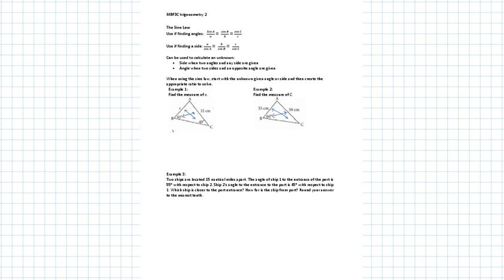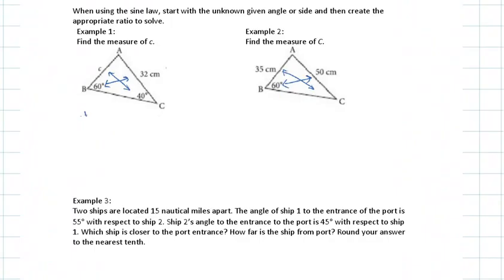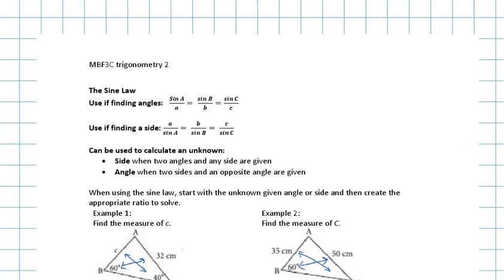So this is called the sine law. Now the question is, when do I use which one? I have two different equations, right? They're the same, they're just reciprocals of each other. Now when do I use sine A over A, sine B over B, and when do I use A over sine A and B over sine B?